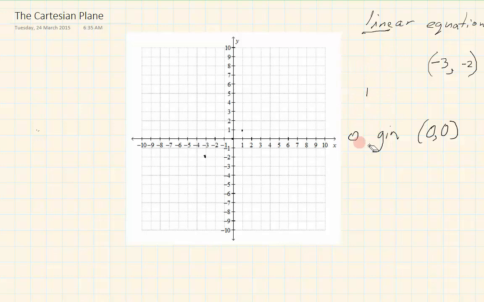Just erase these. Okay, and a linear equation. Now linear equations generally take the form of y equals, say, 2x plus 1. Okay, let's have a better look at this. So linear equation, you plot the y values here.